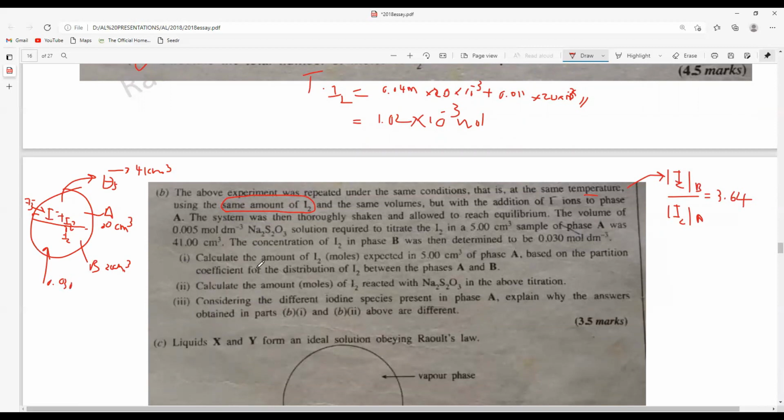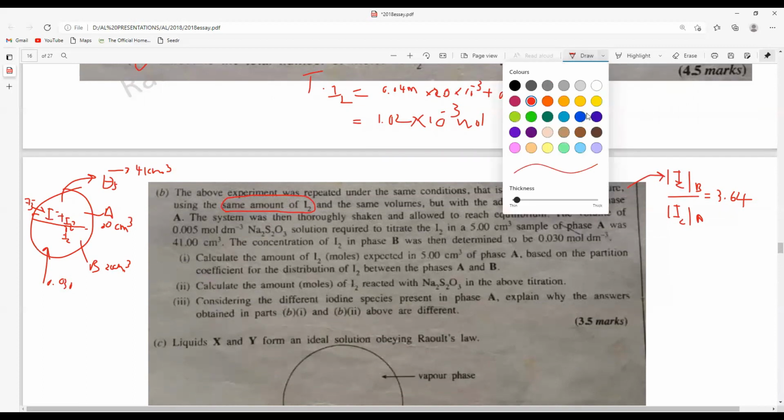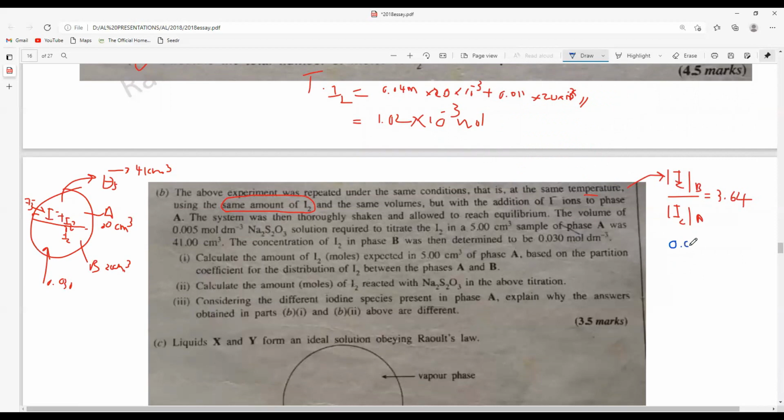And they ask the first question: calculate the amount of I2 in moles expected in 5 cubic centimeter of phase A based on the partition coefficient. Sorry, for the distribution of I2 between phase A and B. So we have this partition coefficient, right? And we have this concentration of I2 in B already, 0.030. So it is just simple math, and you just need to find the I2 concentration in phase A using this small calculation.